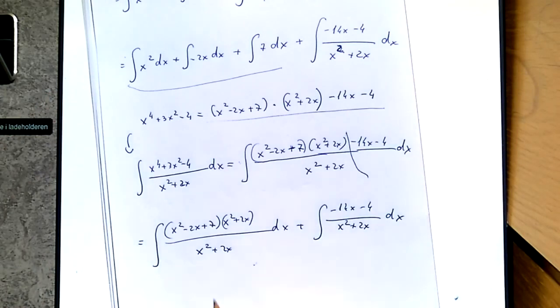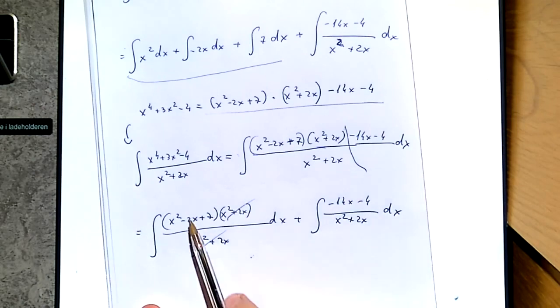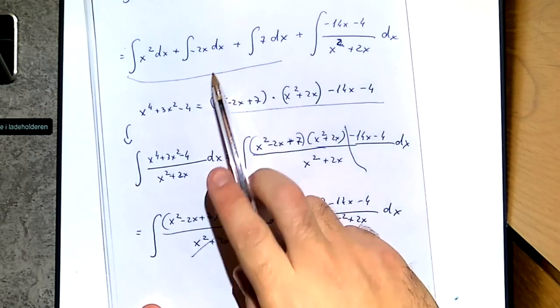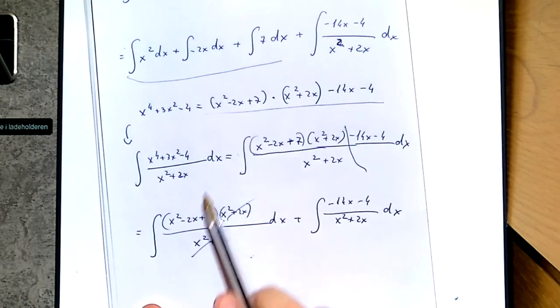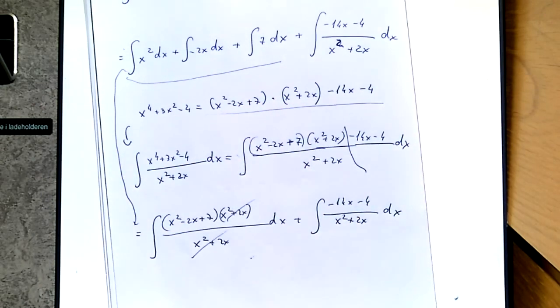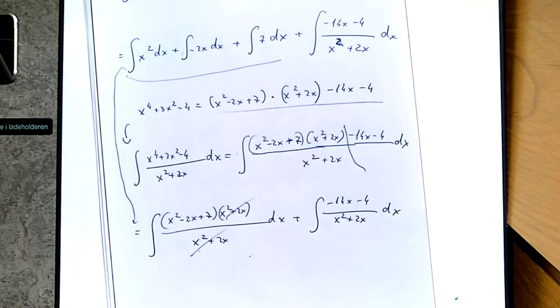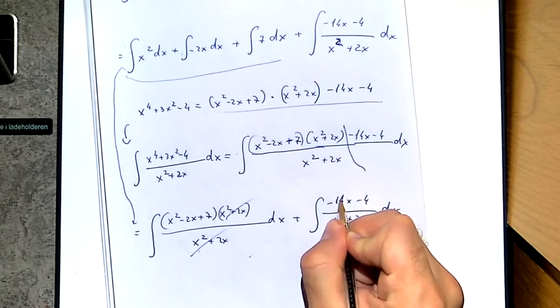Okay, and now this goes away, and what are you left with? It's basically the same exact thing as up top. You guys convinced now that it's the same thing as up top? Because this goes away and this is just splitting the integral.